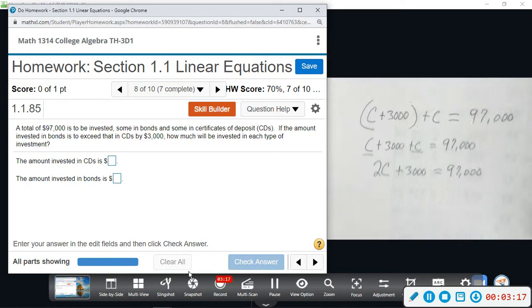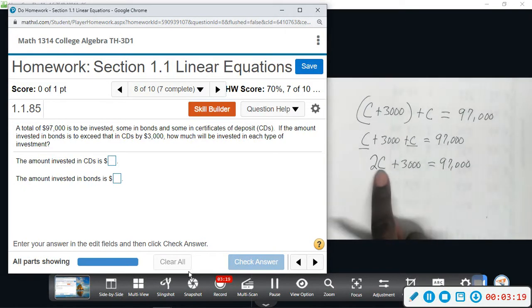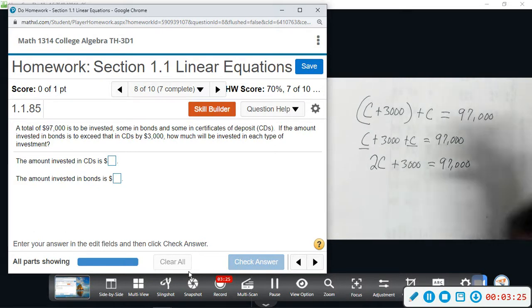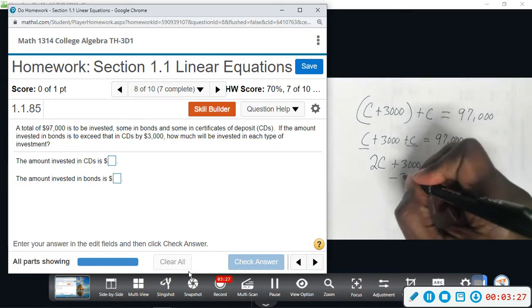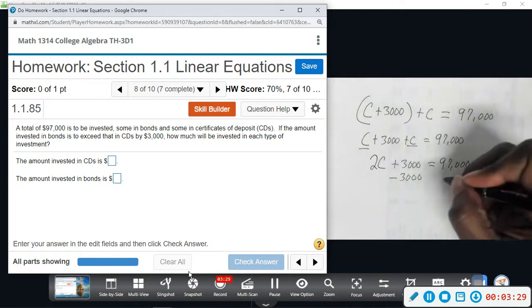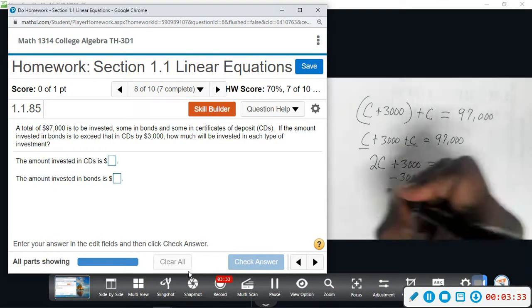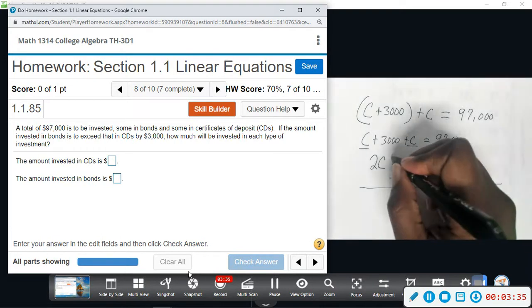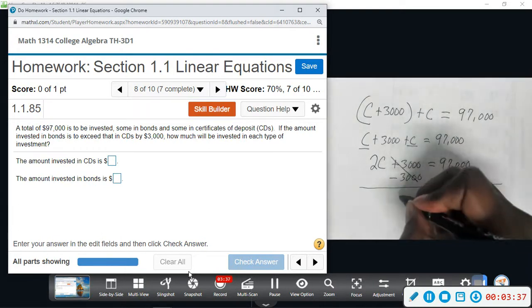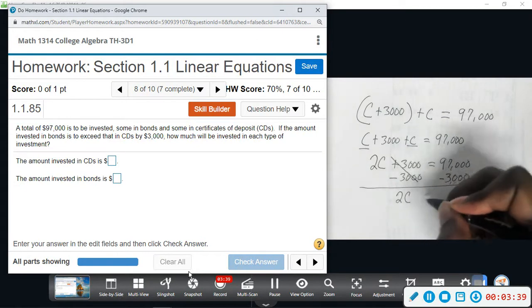Alrighty. Now we're going to start solving for C. We're going to subtract 3,000 so C is by itself, and then we have to divide by 2. So subtract 3,000. The positive and negative go to 0. Bring down 2C.